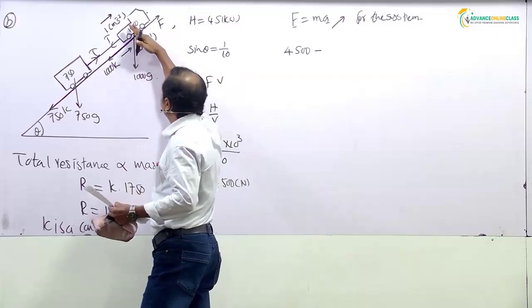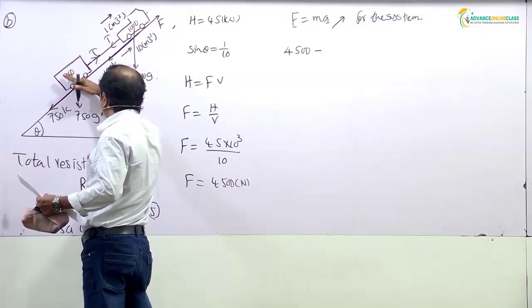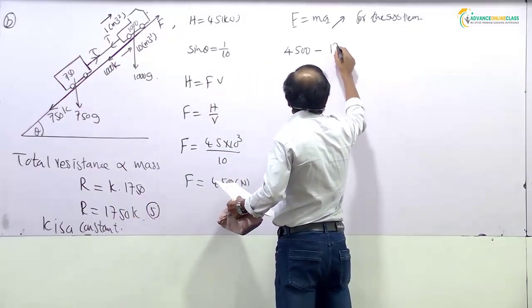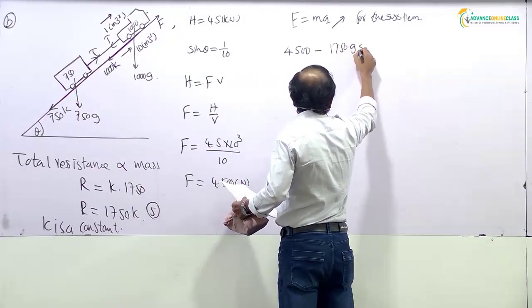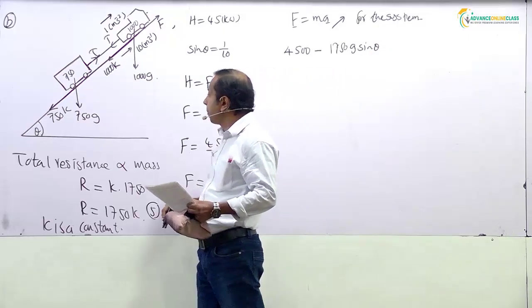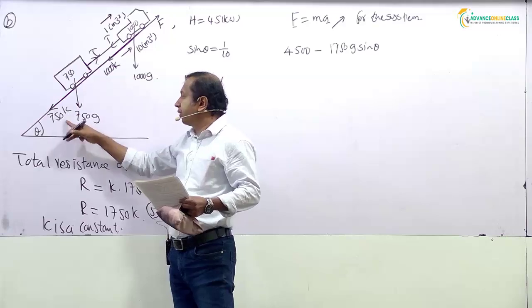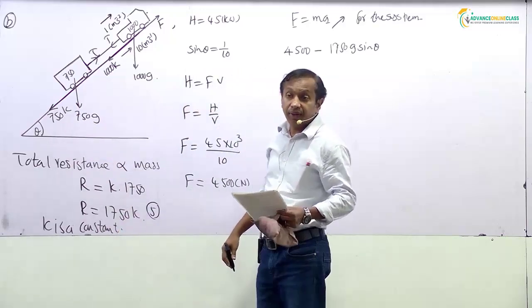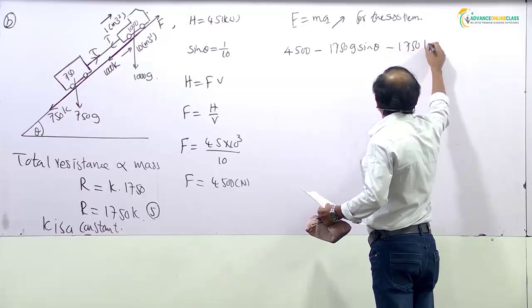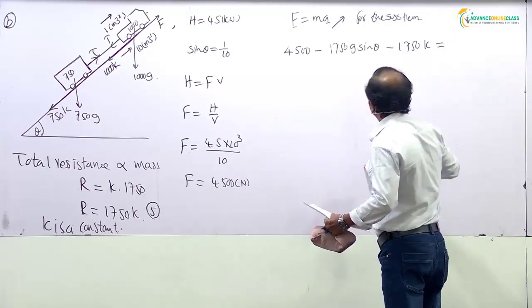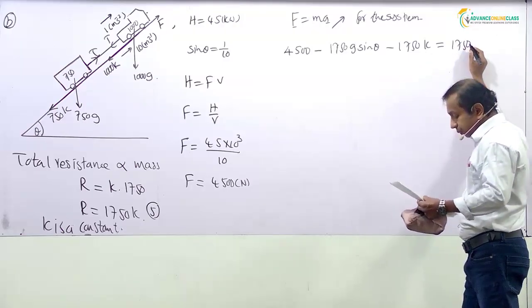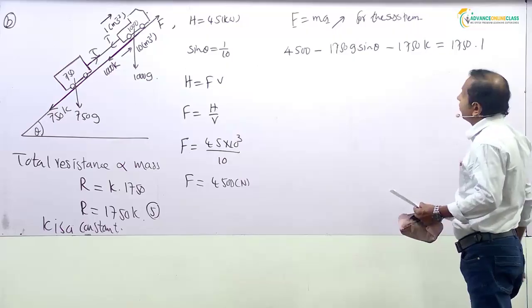Here 1000 g sine theta, 750 g sine theta, 1750 g sine theta, and 1750 K resistance, that also minus, equals mass 1750 times acceleration 1.